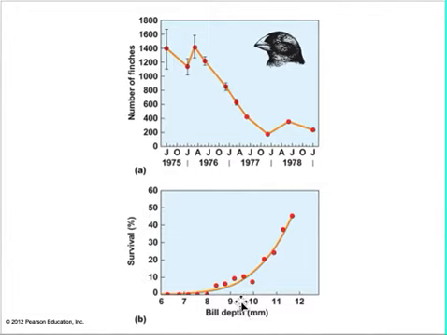Based on that scenario, if you have an increasing bill depth, there is an increasing rate or percentage of survival. It is because this size of bill depth can actually consume hard seeds and large seeds.